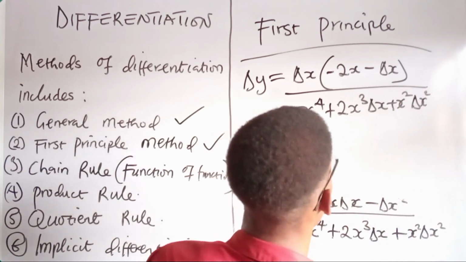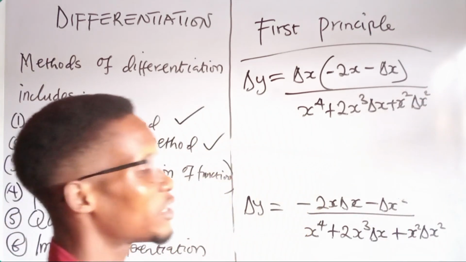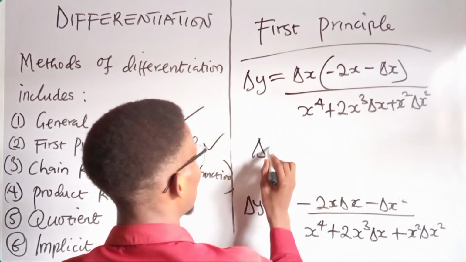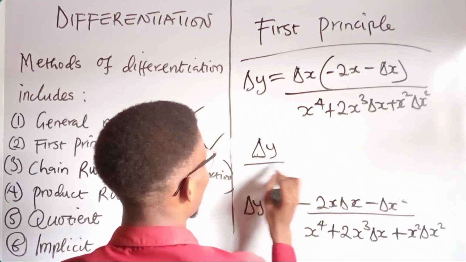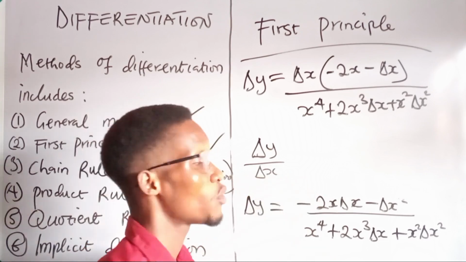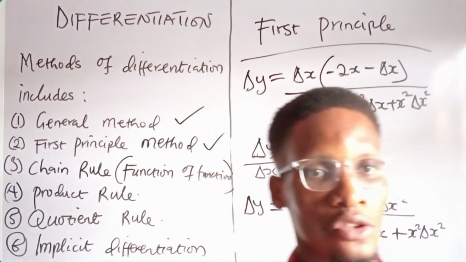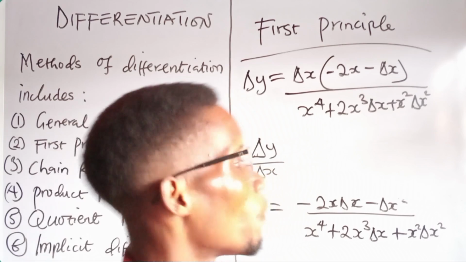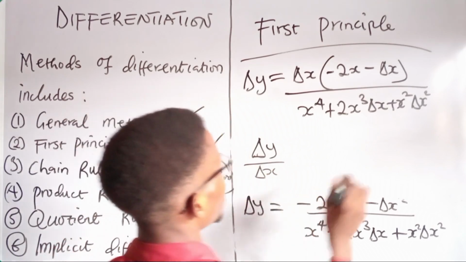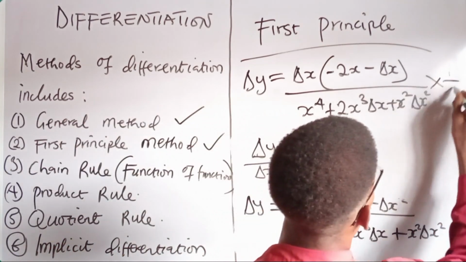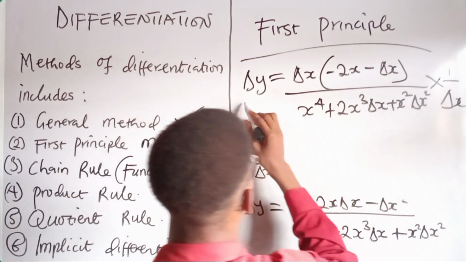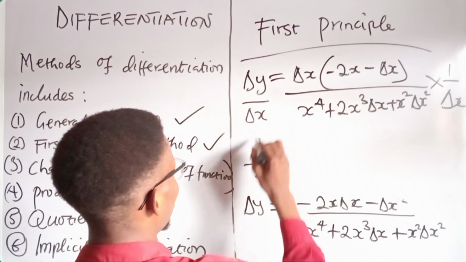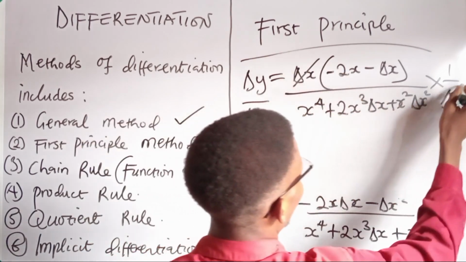Then for us to get delta y over delta s, we're going to multiply both sides of the equation by 1 over change in s. So I'm doing that now. Here should now be 1 over delta s, and here will be change in s, such that this will go against this.